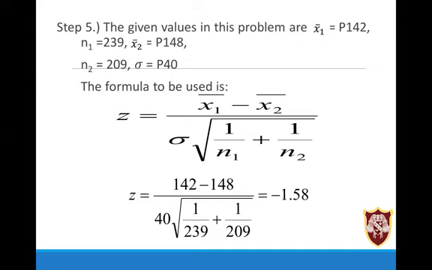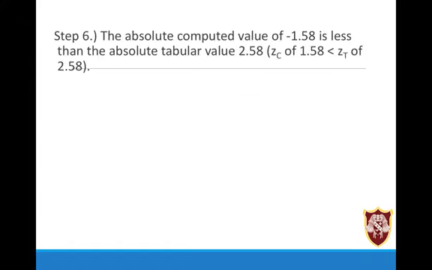So the computed value is negative 1.58. But when we compare this with the tabular value, we have to consider the absolute value. So the absolute computed value of negative 1.58, so that is positive 1.58, is less than the absolute tabular value of 2.58. Less.